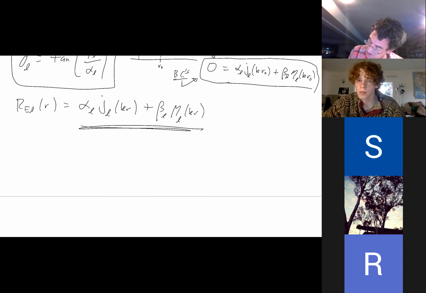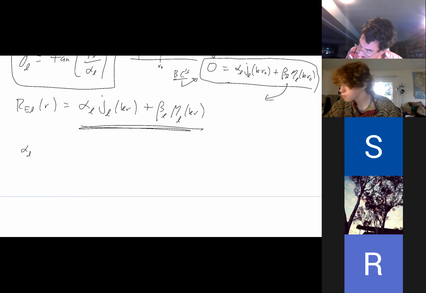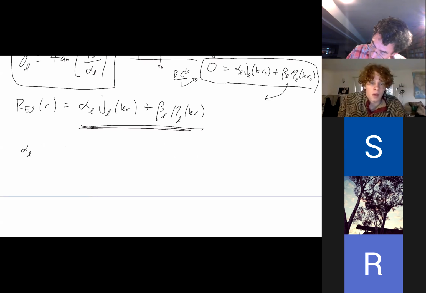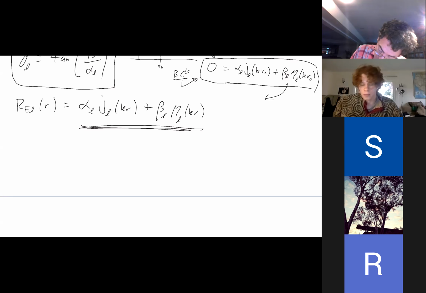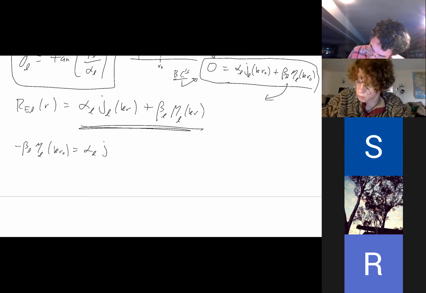And let's solve that little equation, because now I'll bring this guy to the other side. Actually, let's write it like this. So I bring it to the other side, and I'm going to get negative beta L, eta sub L of K R naught is equal to alpha L, J sub L of K R naught.